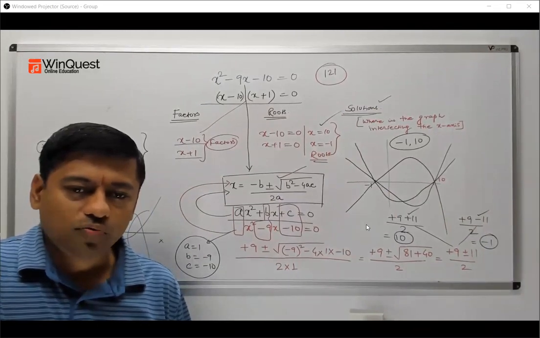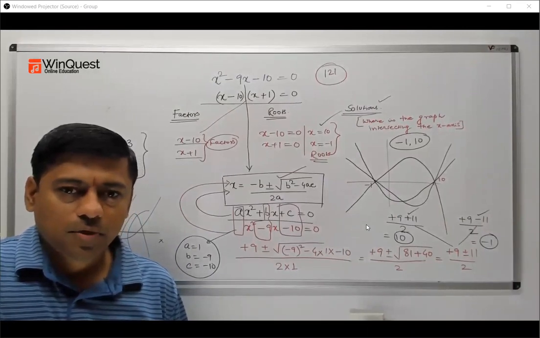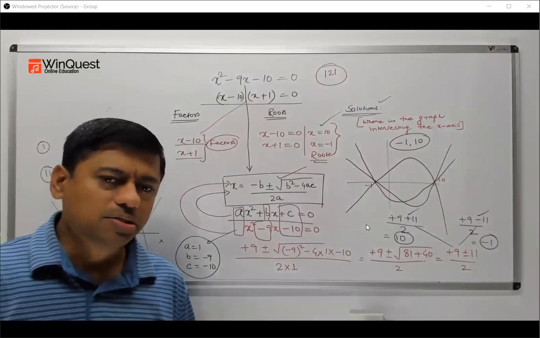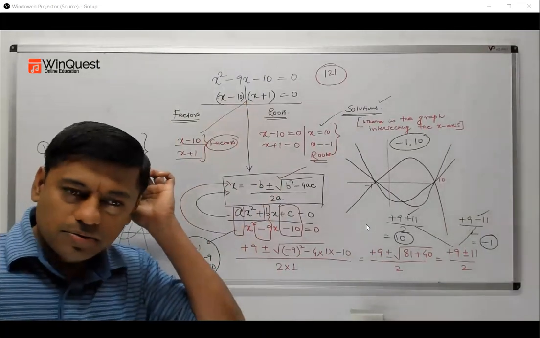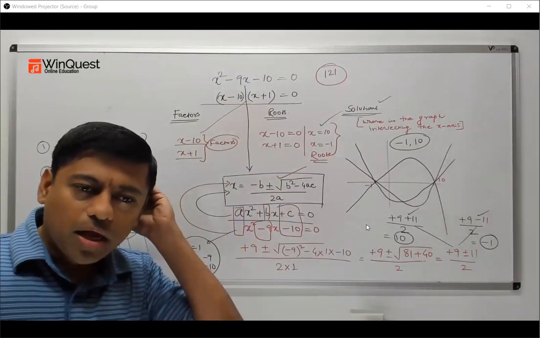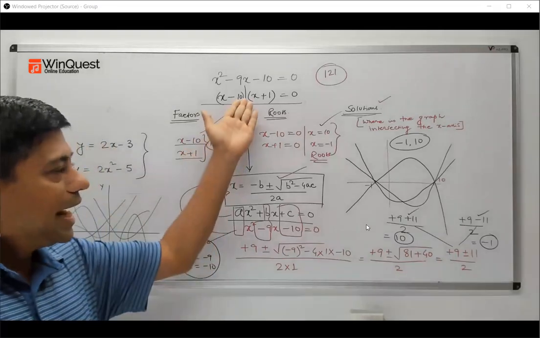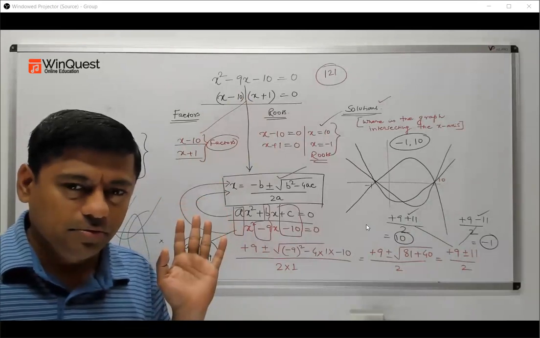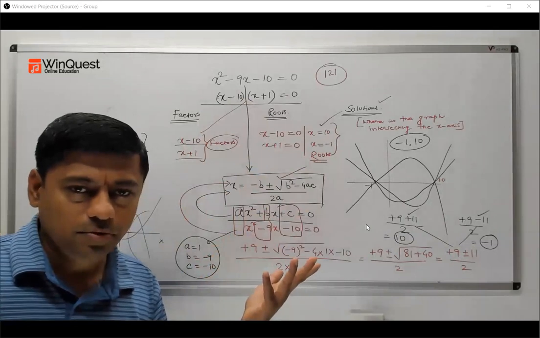Are we getting it so far? So what is the important thing we learned? We all mentioned that factoring is a way of finding roots. I don't like factoring at all because it is complicated, but I want to get the roots. Good, no problem.